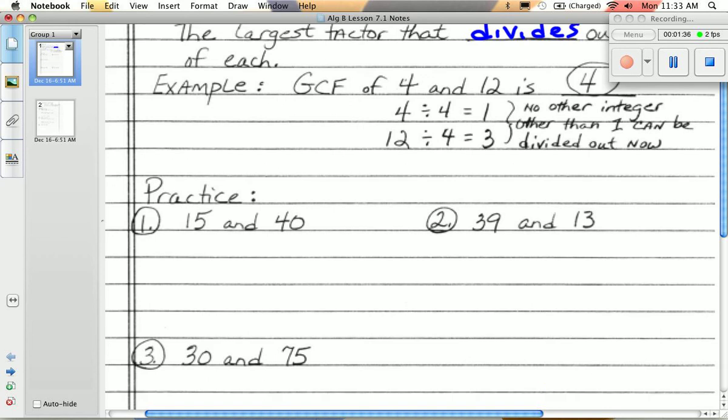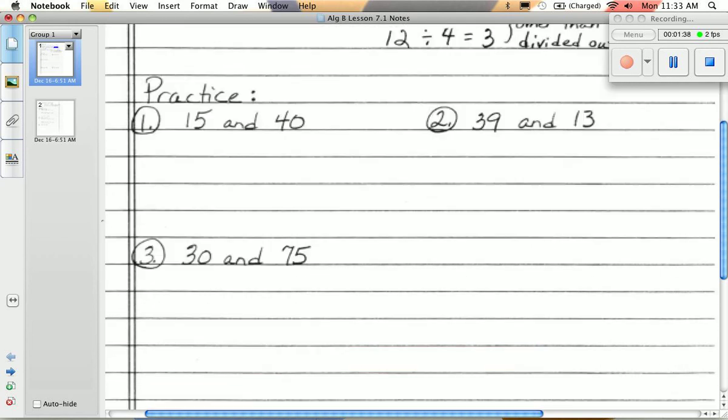Okay, so we're just going to practice on the front side here, working with GCFing some integers. No variable expressions involved, just constants. So what is the GCF, do you think, of 15 and 40? 5. Okay. So sometimes you just have to start with a number that you know goes into both of them.